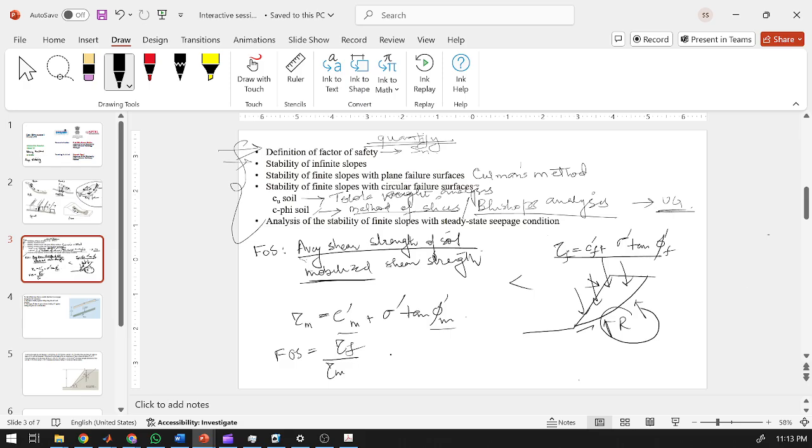Okay, so based on this description, we have two kinds of factor of safety.